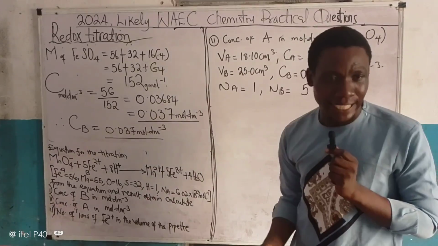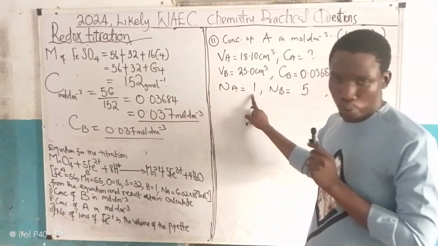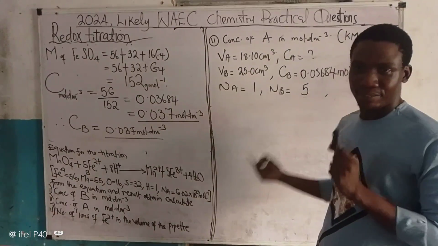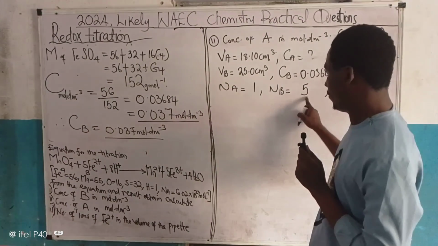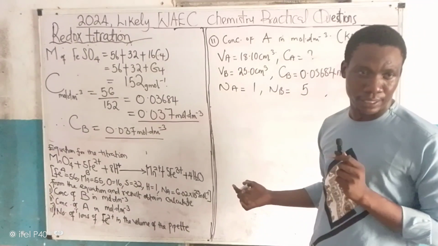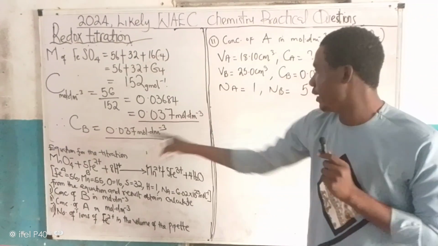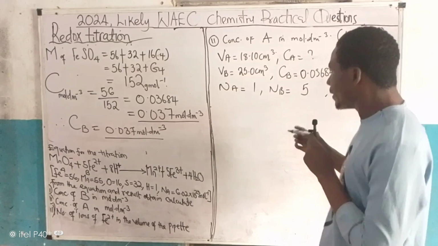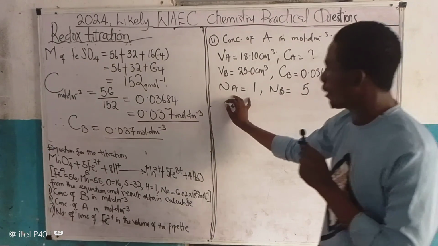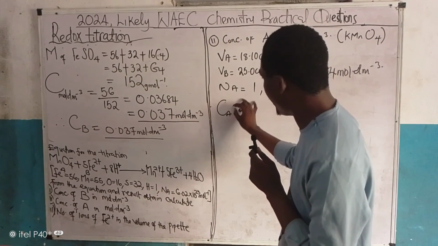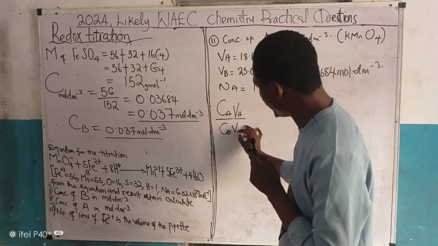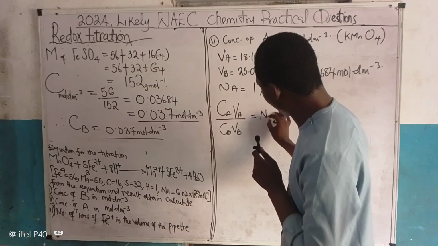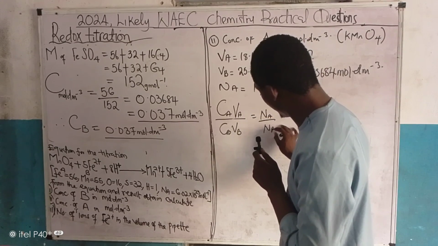That's like saying A is 2, B is 10. So whether you say 1, 5 or 2, 10 is the same thing. So from there you have 1, 5. Now if we have all of this, we have to go back to our formula that says CAVA over CBVB equals NA over NB.